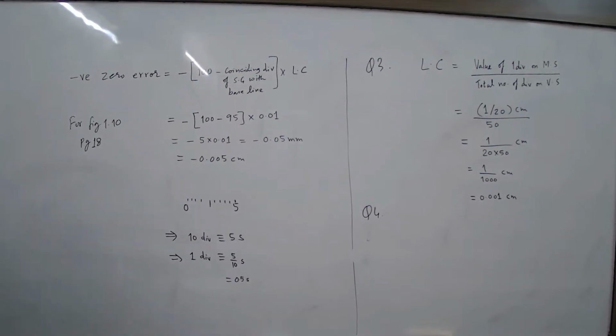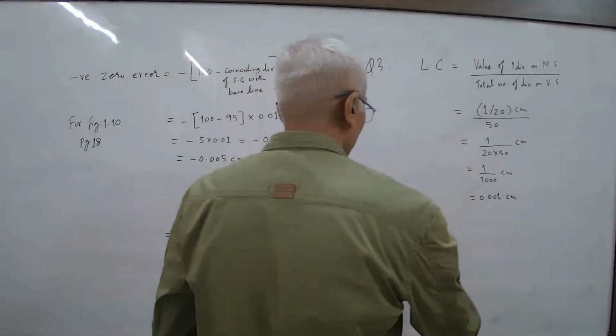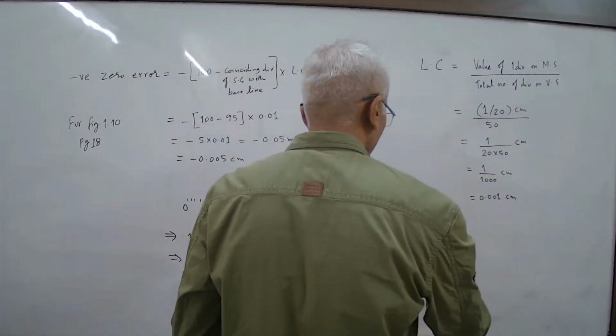So what is given? 1.44 millimeter. There is a zero error also. So 1.44 is the observed reading. What is the correct reading?